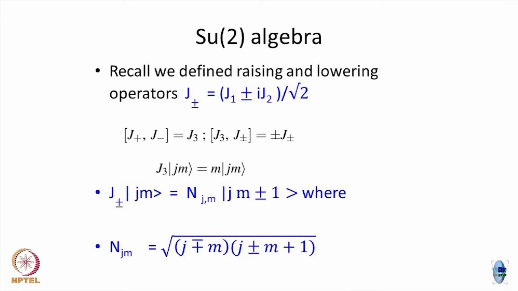So there are two operators which help you go from one state with magnetic quantum number m to m plus 1 or m minus 1. And these coefficients can also be determined purely from this algebra, and they turn out to be related to j minus m and j plus m. This is something which you all know. I am not going to derive this.